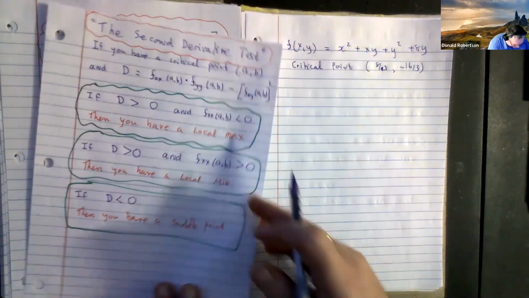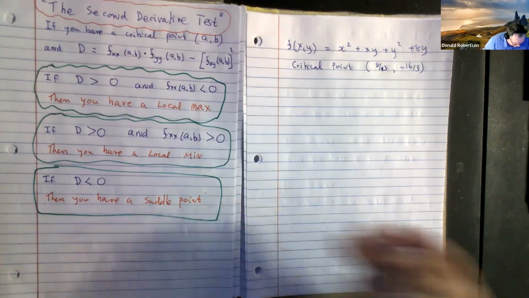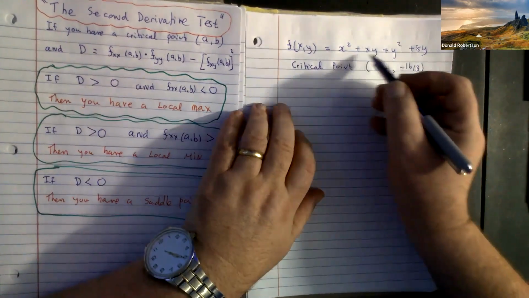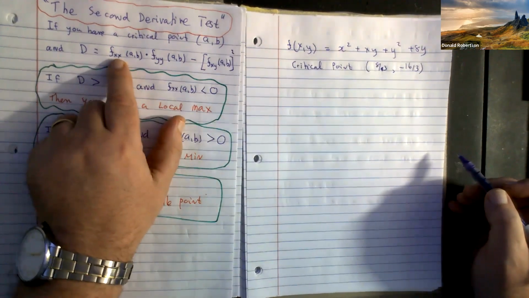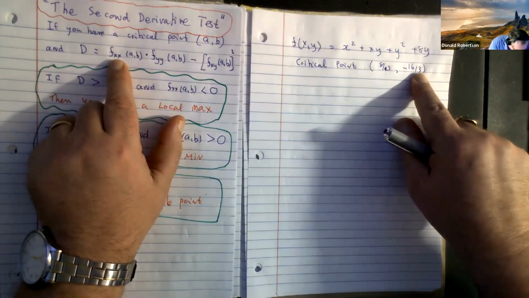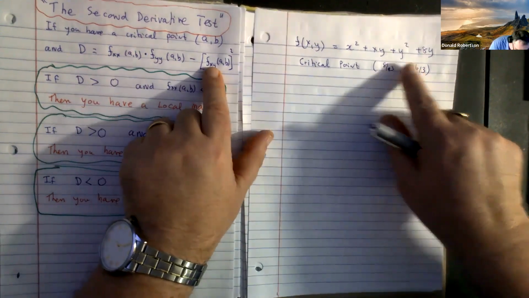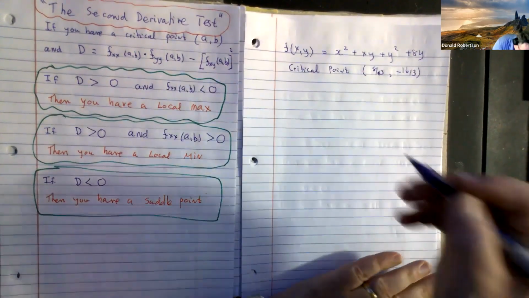And I've got a lot of bits of paper floating about, which means I'm going to have to go hunting for it. Here we go. So, to be able to find D, we need to take this guy and find its second derivative and evaluate it at that point.